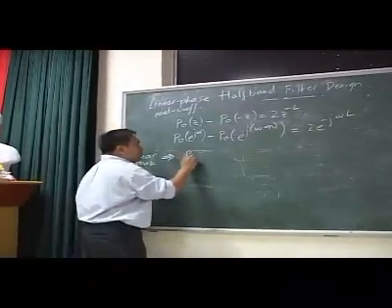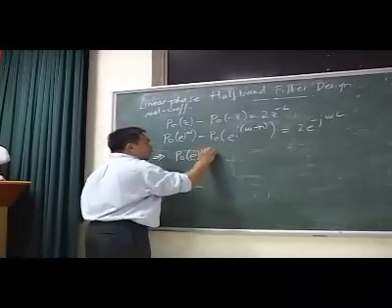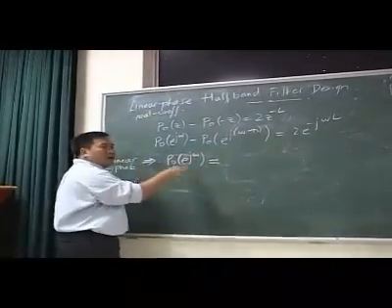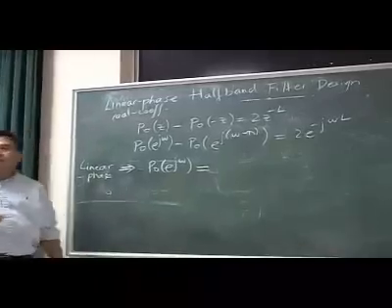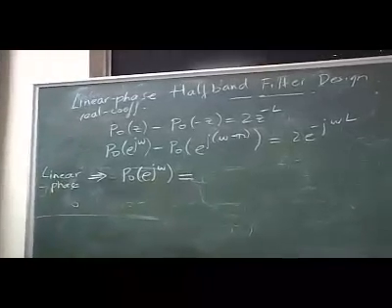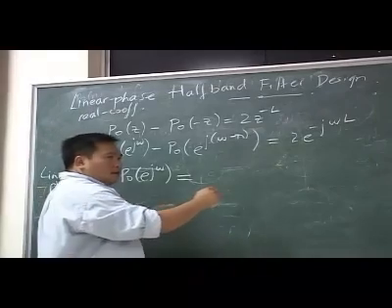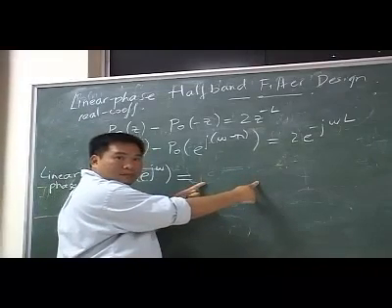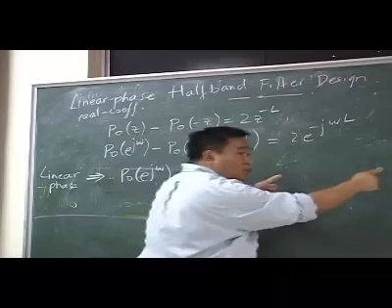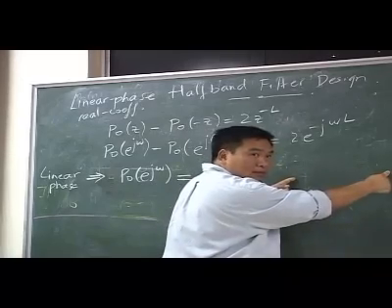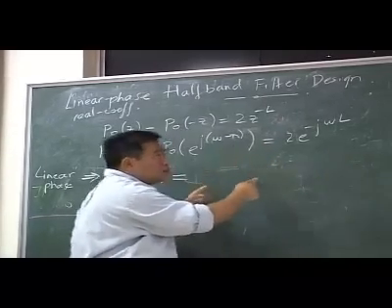What is P naught of e to the j omega? If it's linear phase, how can I write this? There'll be a phase term, right? And there'll be an amplitude response term. Is that clear? Right. Linear phase is symmetric.